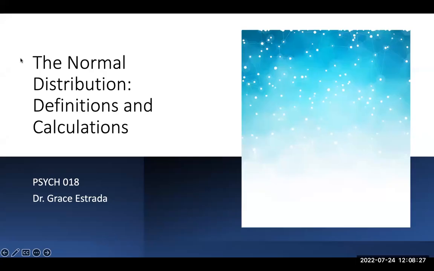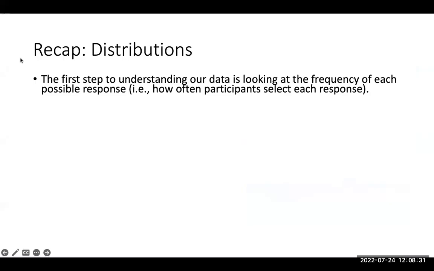Okay, so first of all, let's do a recap on what distributions are. When we have data that we've collected, let's say, for example, we handed out a survey to our class, and we want to know how people feel about completing these calculations.